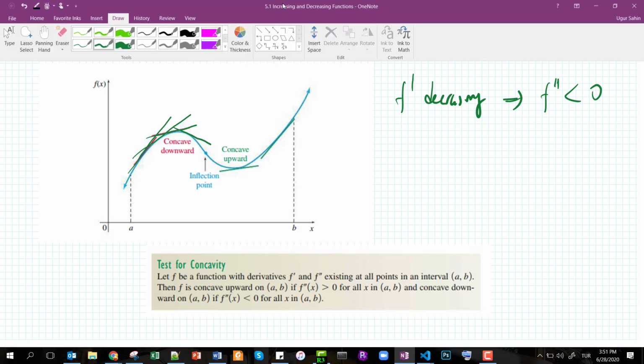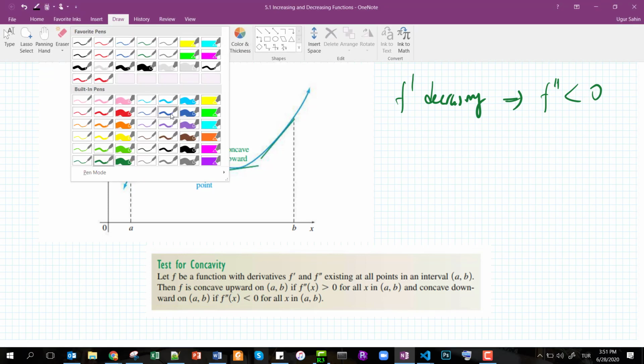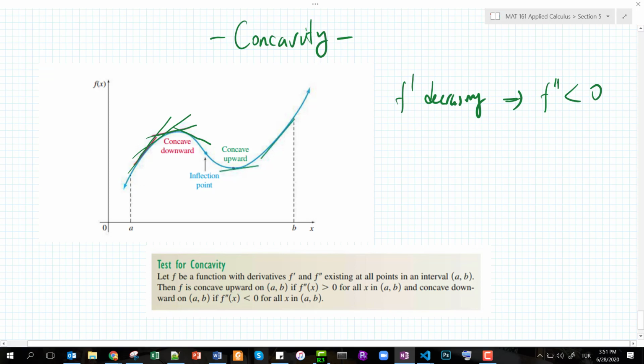So I can say a similar thing about this part, concave upward. I have my tangent lines, but if you look at them, the slope of my tangent line is increasing. That means my first derivative is increasing on that part.